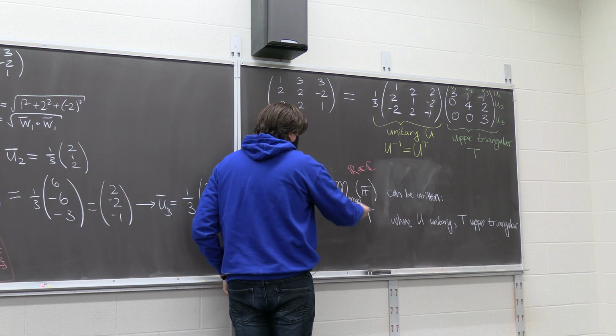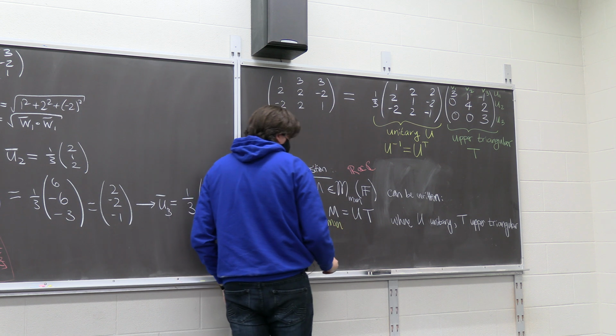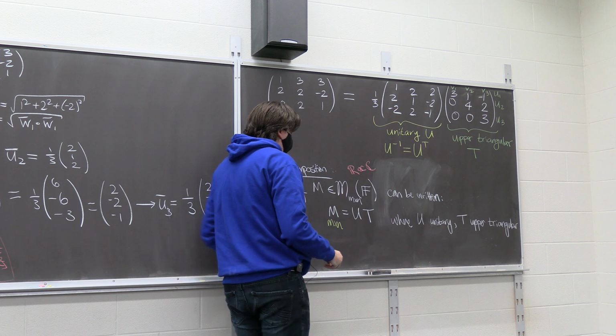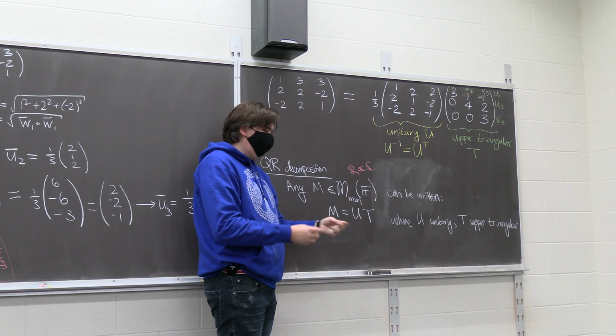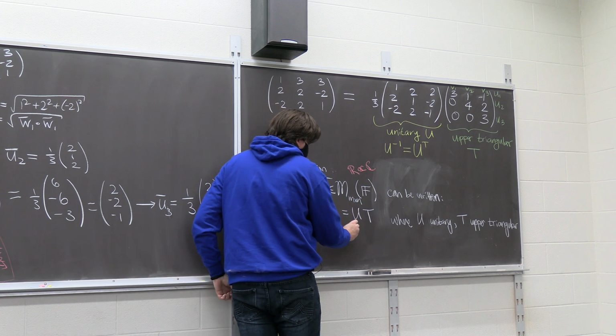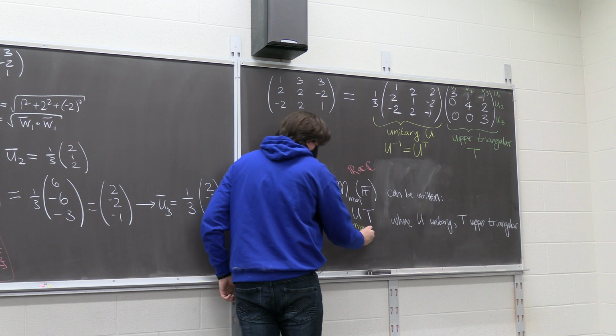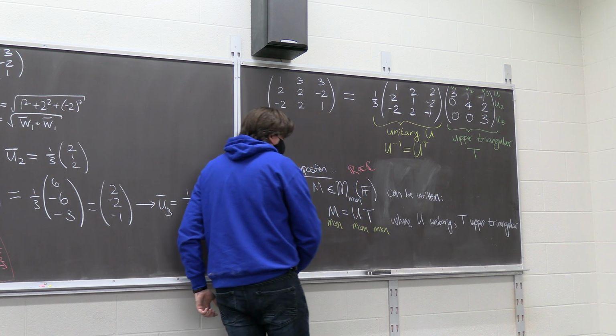Notice it doesn't have to be a square matrix. If this is an M by N matrix, and U is unitary, it's a basis. So if it's a basis of Fn, it must have n vectors. So that must be a square matrix. In particular, it must be an M by M matrix for us, which means T is an M by N matrix.